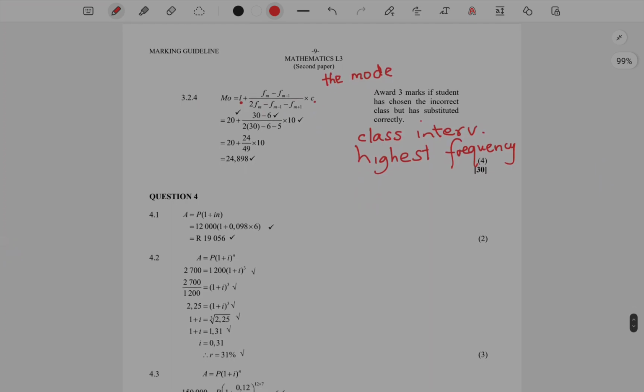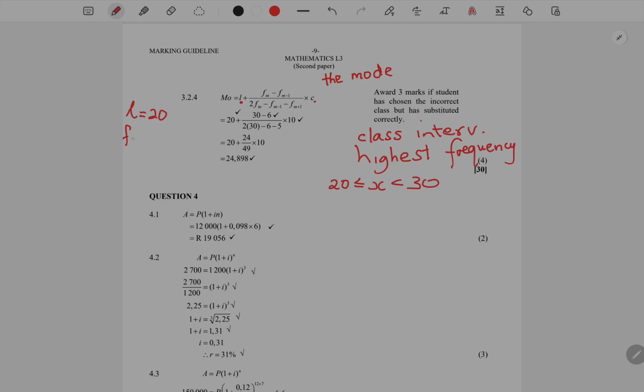So what is the class of the median? It is 20 less or equal to x less than 30. Then L, now let's see what is given. L is 30, sorry, it is 20. L is 20.